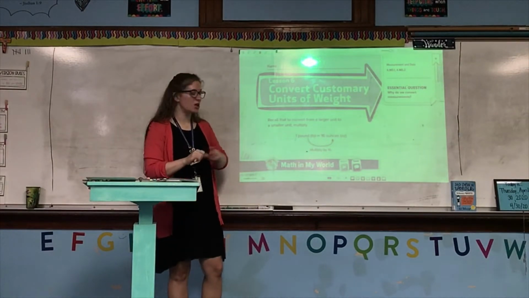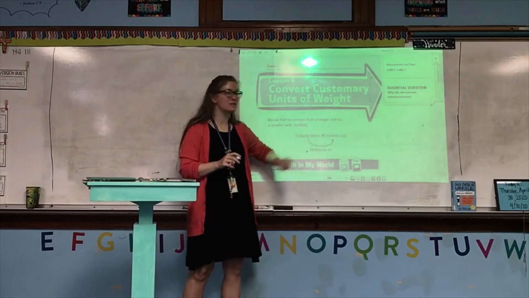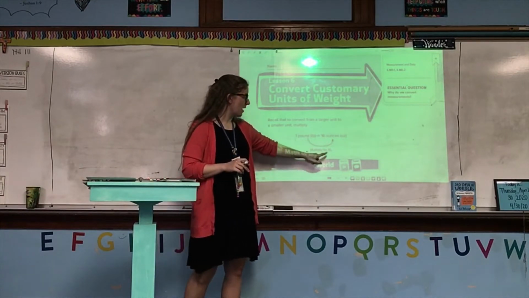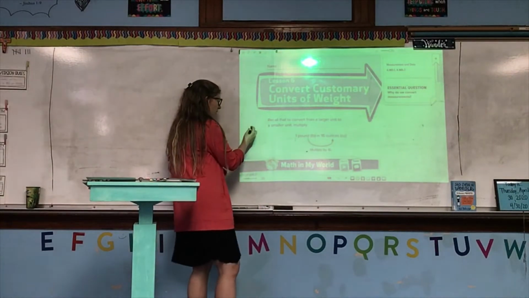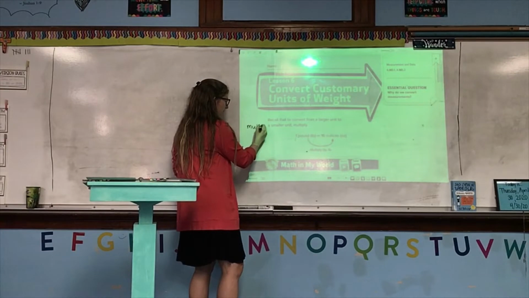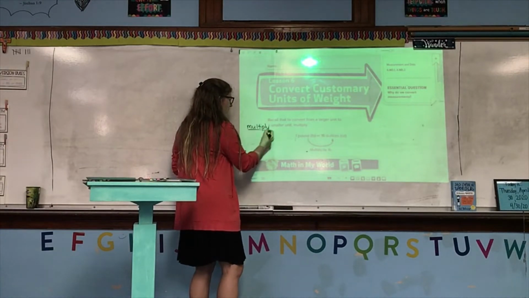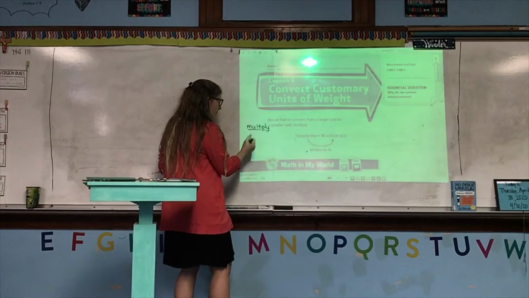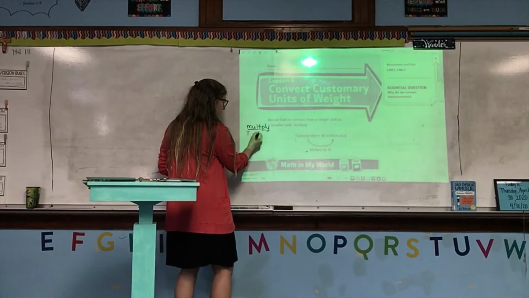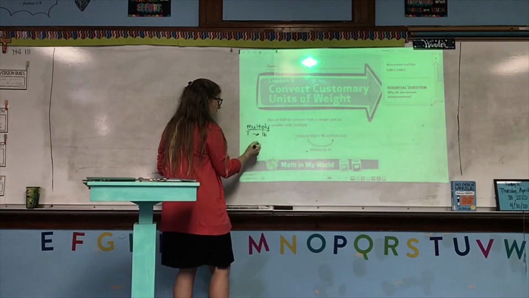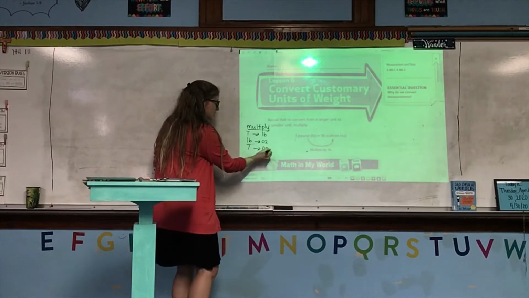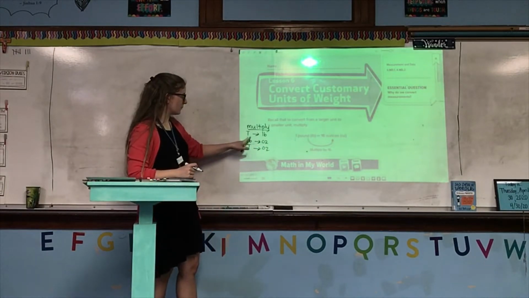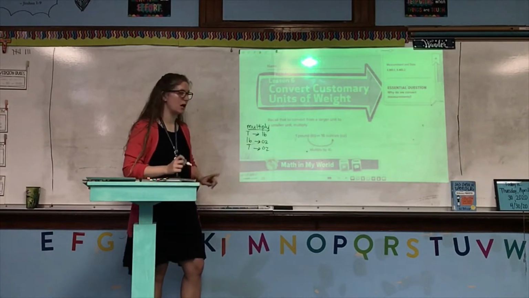So if we know the pounds and we're trying to get to ounces, we would multiply the number of pounds by 16. So if we are going to multiply, we would be going from tons to pounds, from pounds to ounces, or from tons to ounces, because either way we're starting with a larger unit and going to a smaller unit.